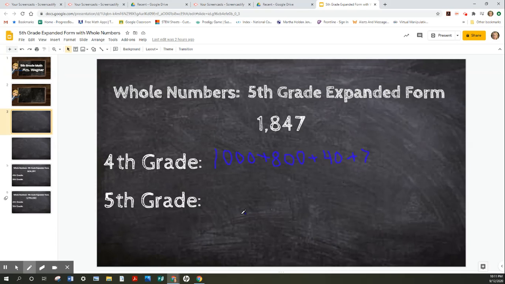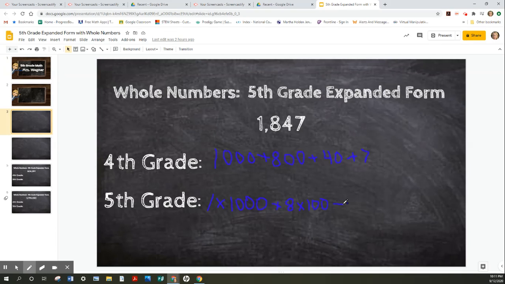In fifth grade, we use the powers of 10 that we learned last week to show numbers in expanded form. So we start the same way. We go up to the thousands place, and we say we have a 1 there. And when we multiply that by 1,000, we would get the 1,000 like we wrote for fourth grade. We're going to add that to the number that's in the hundreds place and show that you would multiply that by that 8 to get 800.